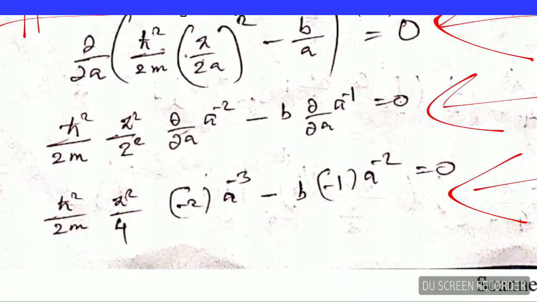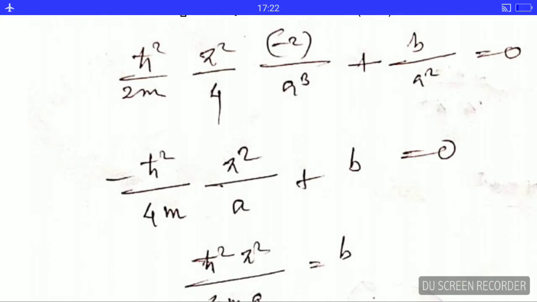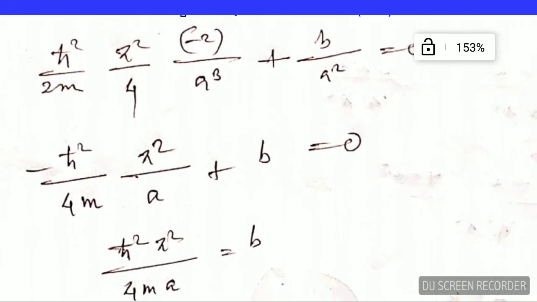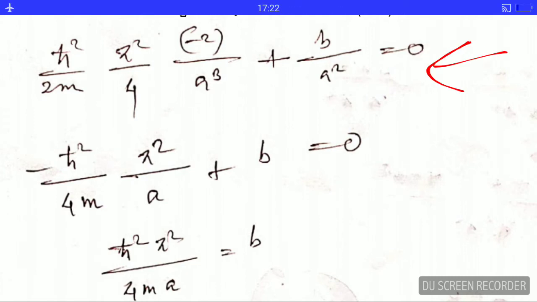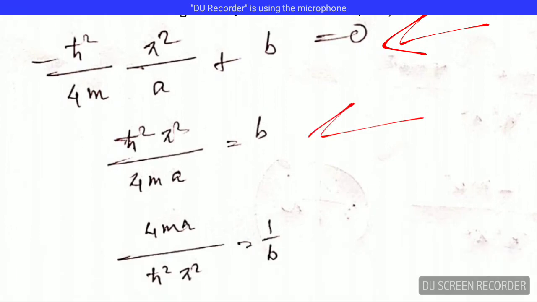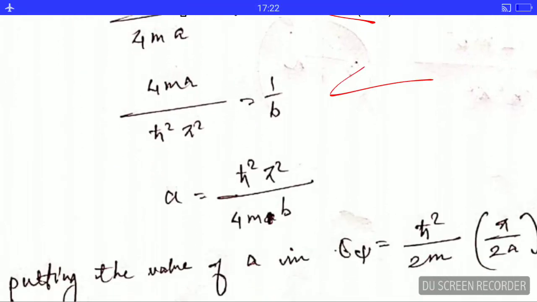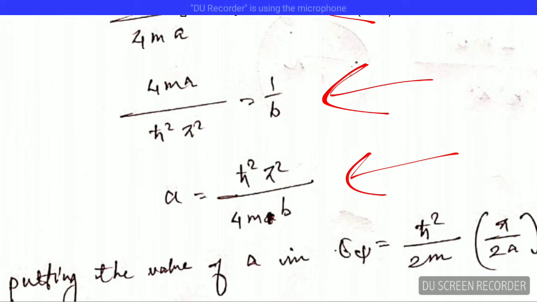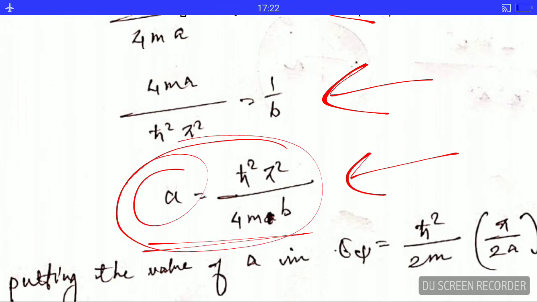You can see it. On further simplification it becomes like this, and it can be solved further like this, and then like this, and then A will become equal to this. So at this value of A, E psi will be minimum.